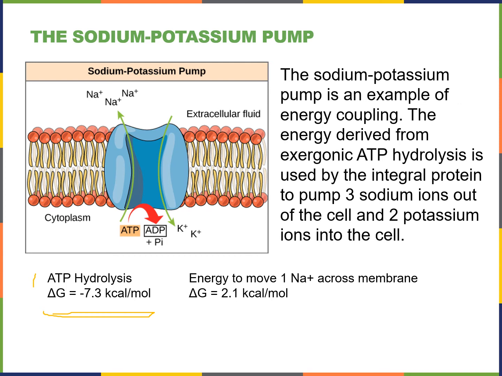If it takes 2.1 kilocalories per mole of energy to move 1 sodium ion across the membrane, so that's going to give us a delta G value of 2.1 kilocalories per mole, how many sodium ions could 1 ATP molecule's hydrolysis move? Give you a second to think about that.